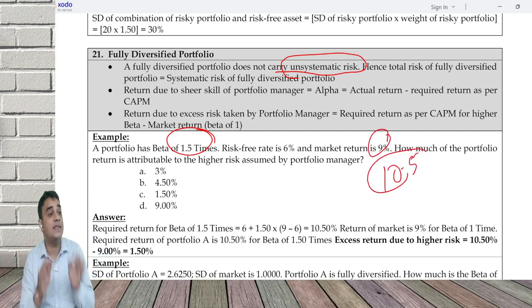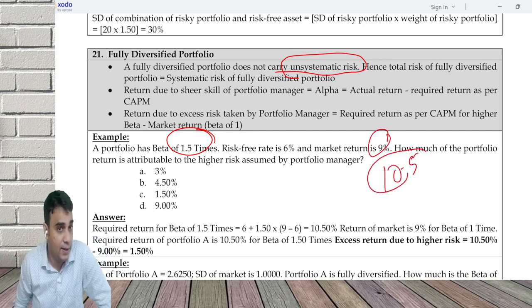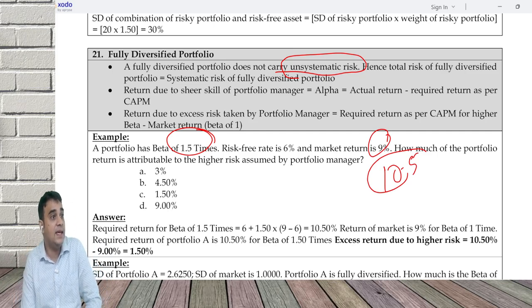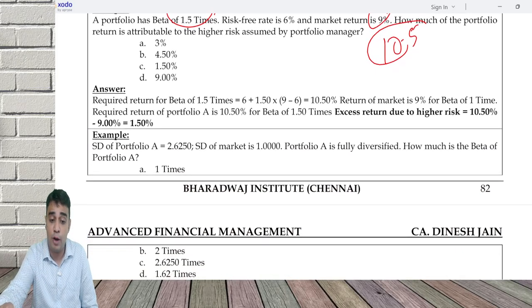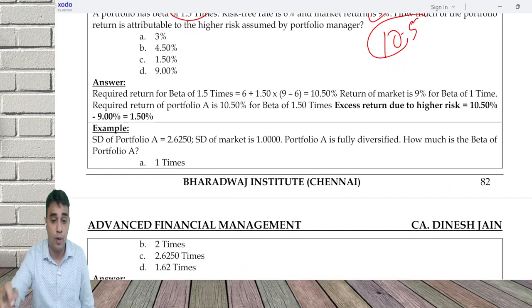10.5 minus 9 is the extra risk. Why am I taking extra risk? That's my wish. I'm taking extra risk. So 10.5 minus 9 is the extra risk taken by me. Can you give me the answer to this? Think properly and give me an answer. I don't want any mistakes here.